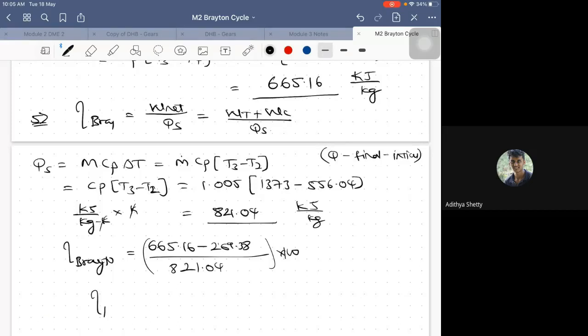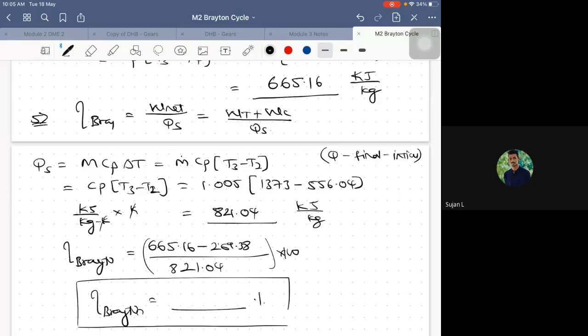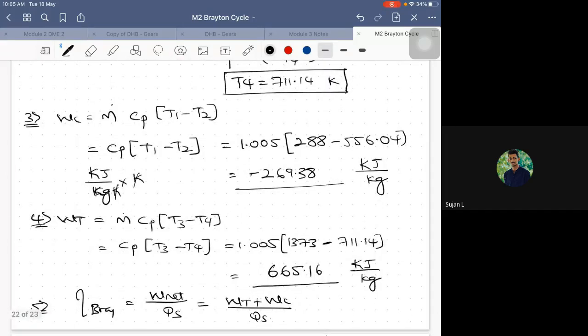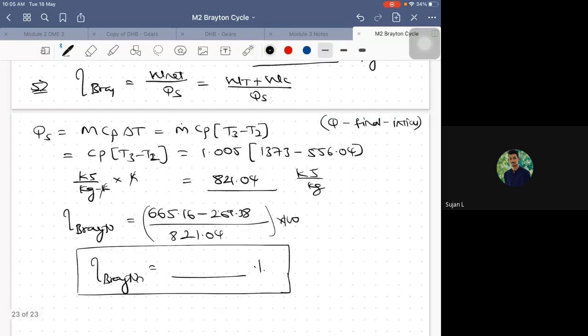So the efficiency of the Brayton cycle is 48.2%, and there ends your problem.